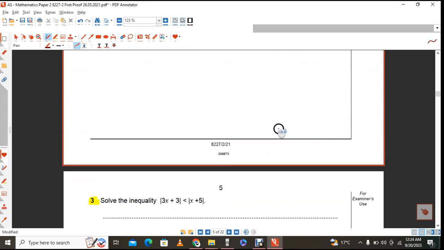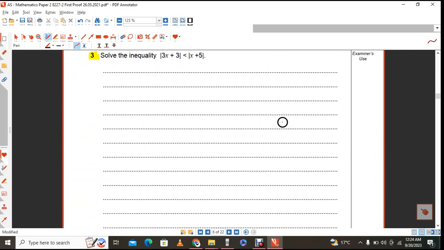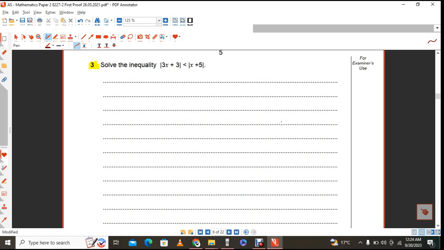Question 3 implies that we need to solve this inequality. So I'm going to use the concept where the absolute value of A less than the absolute value of B is used the same as a squared minus b squared.